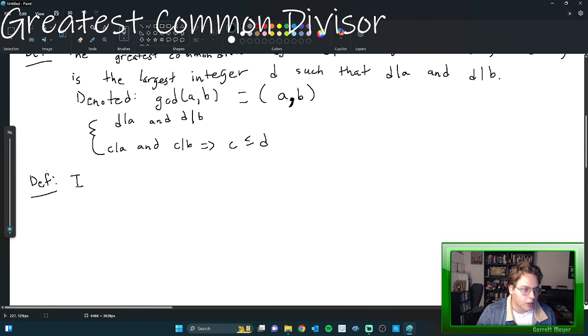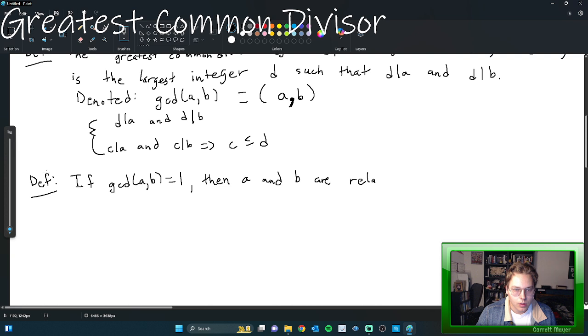So the basic definition here is if GCD of A and B equals 1, then A and B are relatively prime. Basically what this means is it has no non-trivial common divisors. There's no other numbers that divide both.